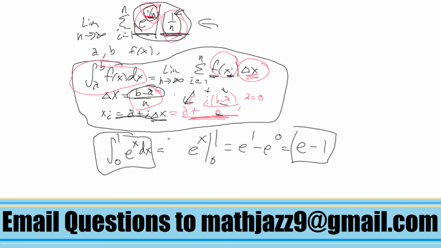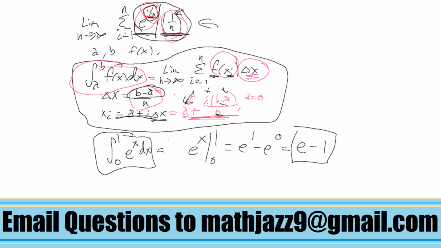Okay. So the tricky parts are you have to have your definitions memorized, and then you have to be patient enough to try and break apart from the limit what the different pieces of your definition are going to be.